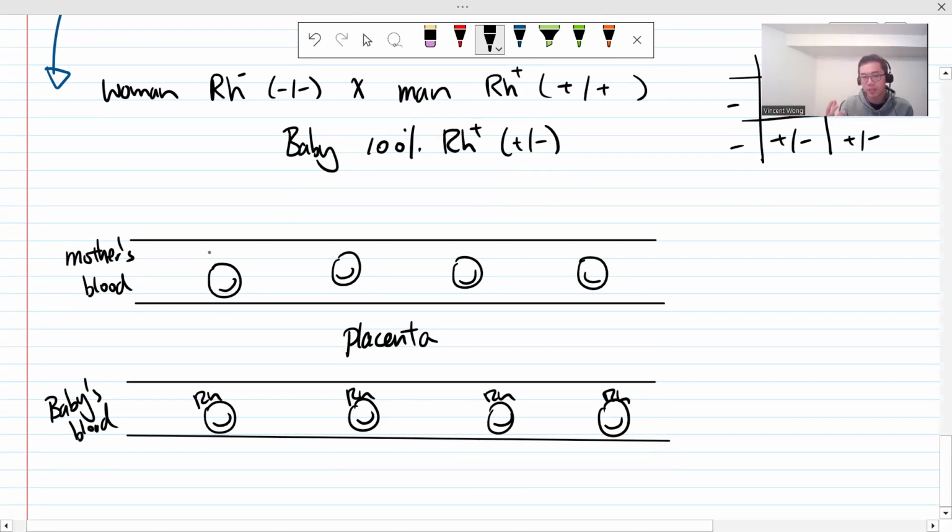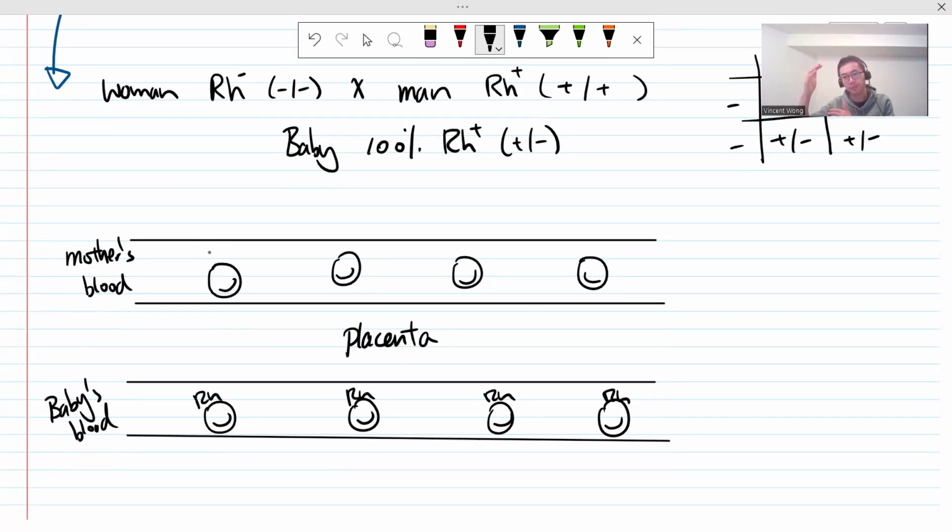There might be some tear in the placenta. When that happens, the baby's blood is going to go into the mother's blood. Otherwise, the placenta keeps the two bloodstreams separate. It's also possible that during labor, the placenta might get damaged, and then the baby's blood goes into the mother's blood.